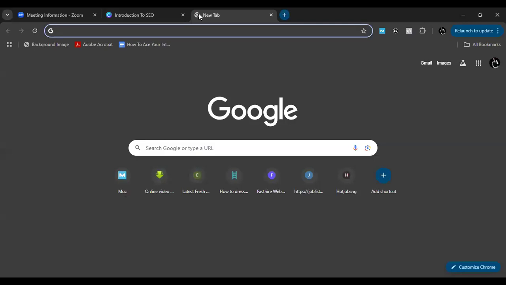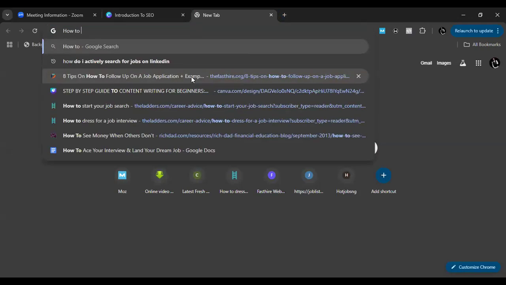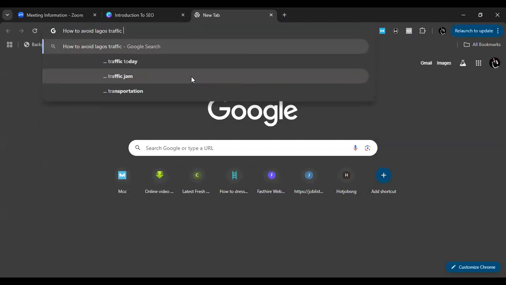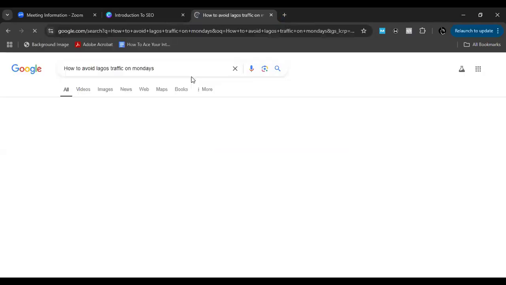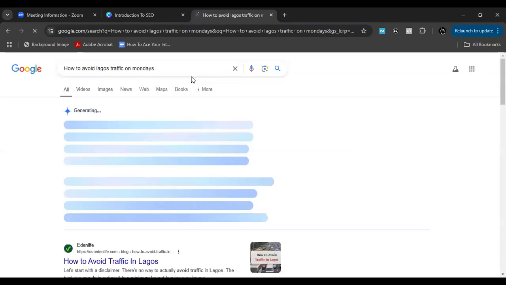Let's use something like, what am I going to use now? How to avoid Lagos traffic. Sorry for that. On Monday. So let's say how to avoid Lagos traffic on Mondays.